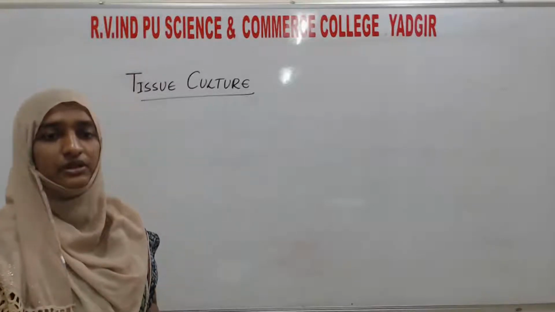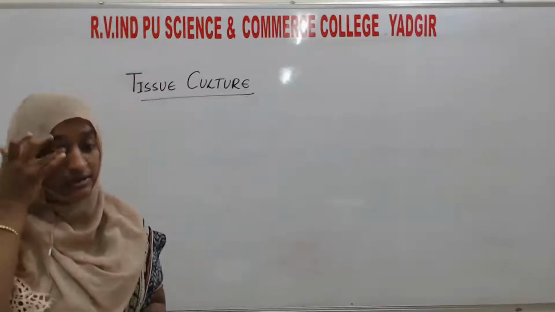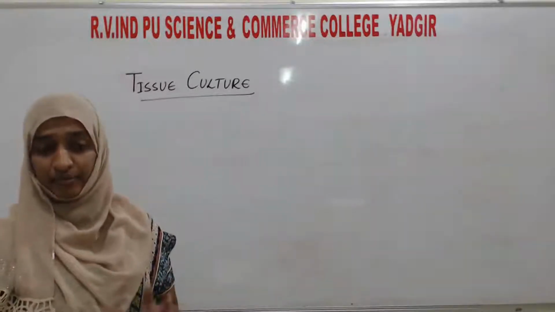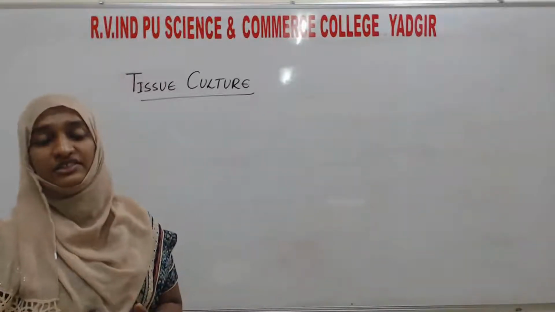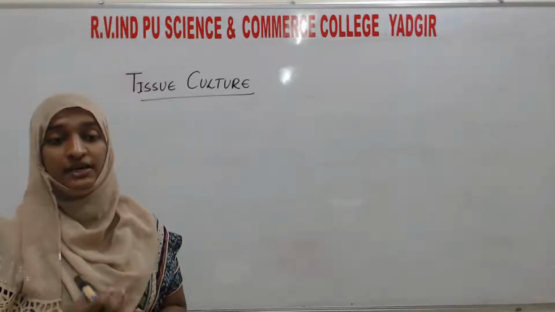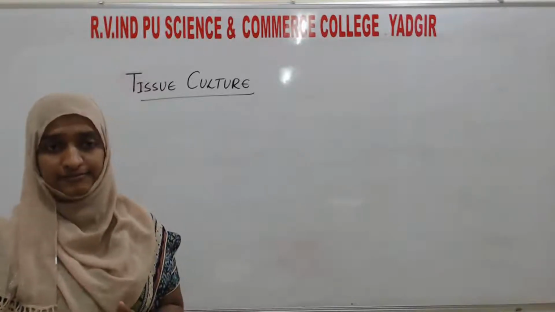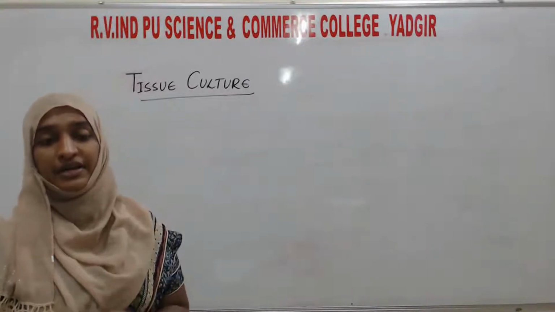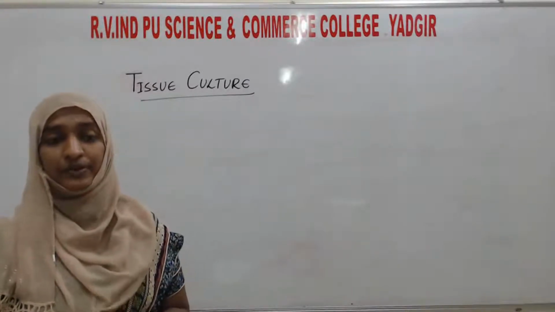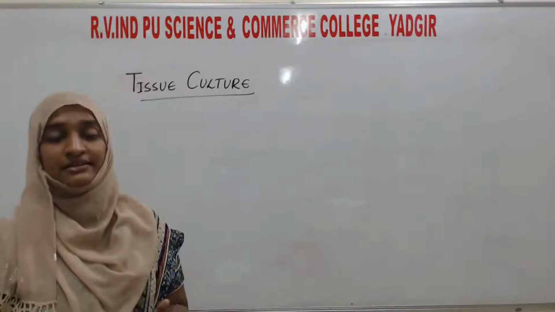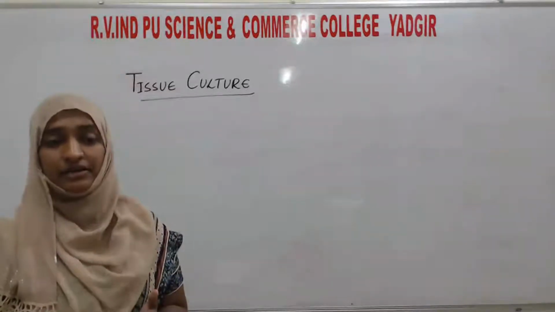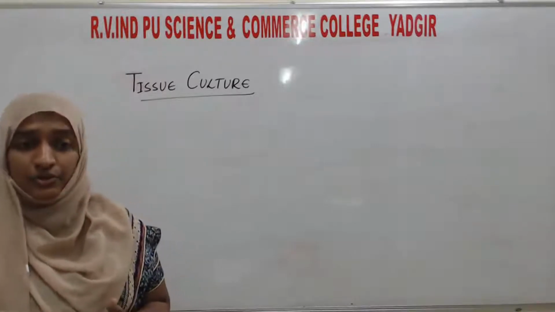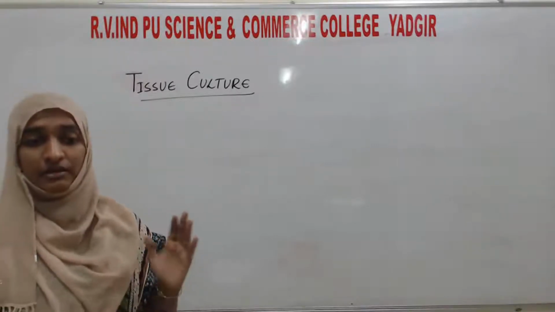Here they have given the terms tissue and culture. In this particular process, they are going to artificially grow plants on an artificially prepared medium which contains certain sources such as carbon, nitrogen, growth regulators, and certain other essential nutrients. That is known as tissue culture.